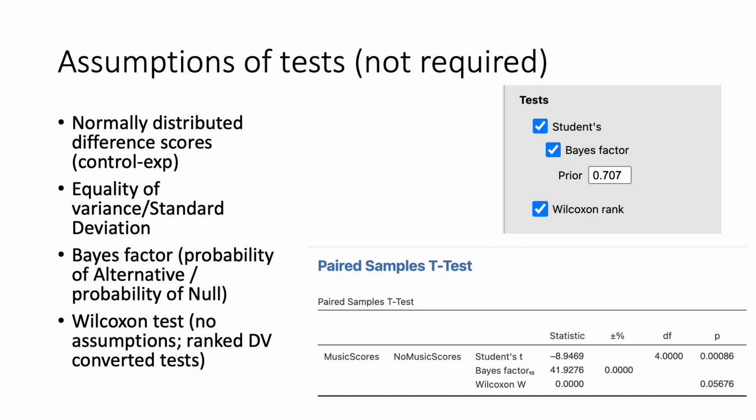Those are difference scores. So are those difference scores normally distributed? We also assume equality of variance or standard deviations across the two conditions. It's not really the end of the world, or not really a big deal there. The Bayes factor tells you the probability of the alternative over the probability of the null. And the Wilcoxon test is another ranked test that has no assumptions.